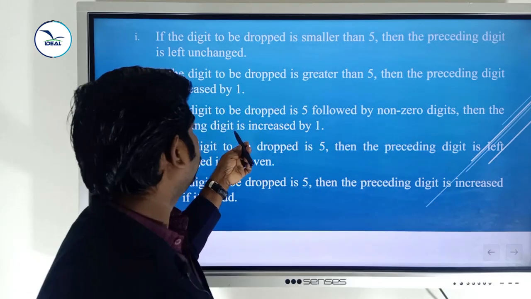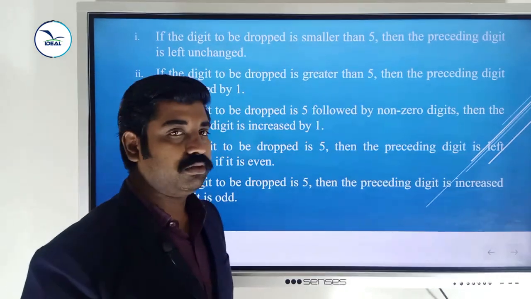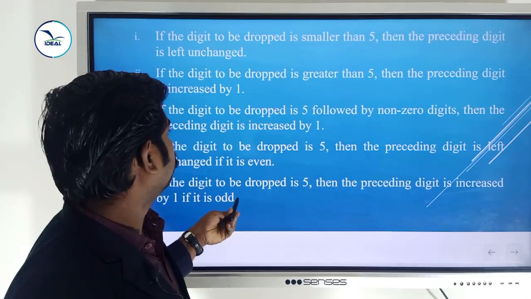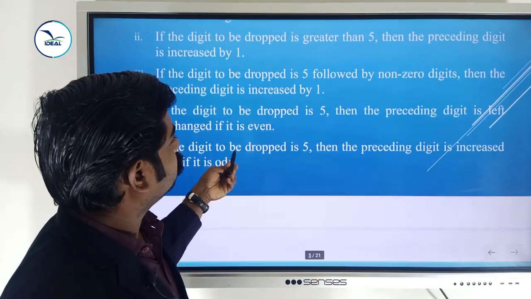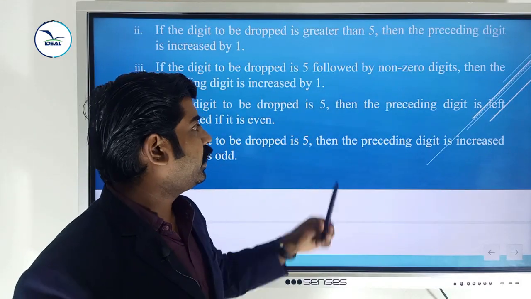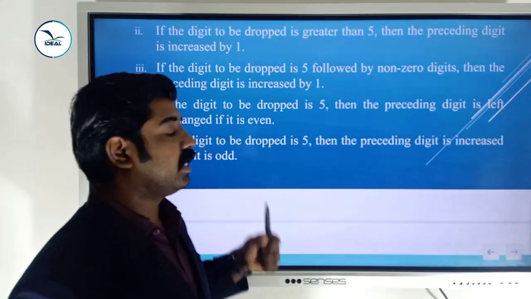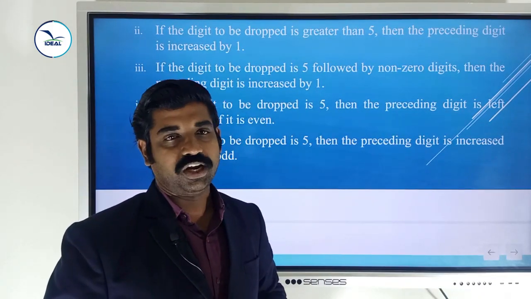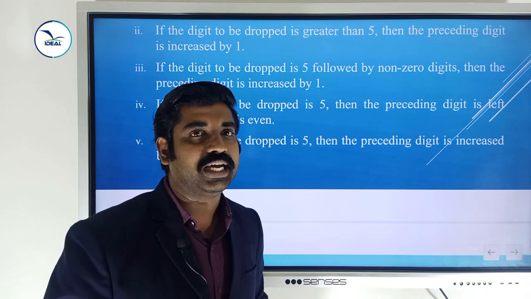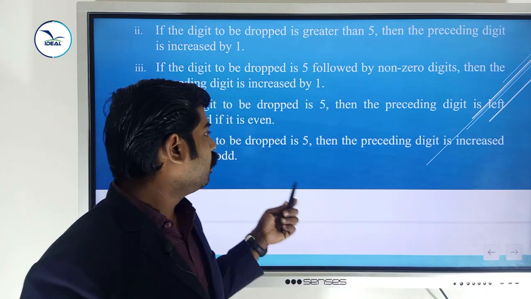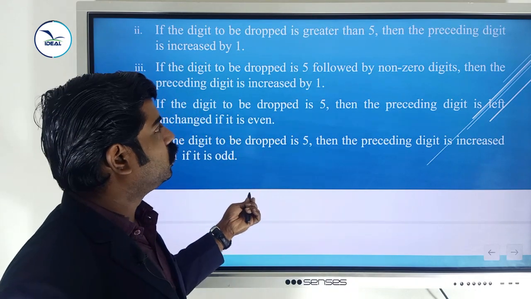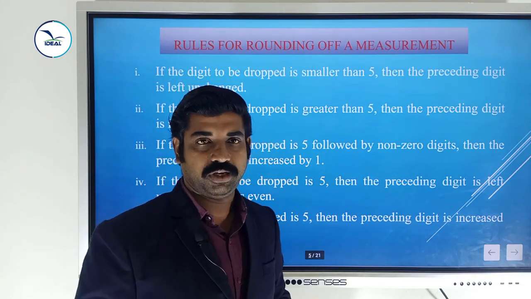So we want to increase that digit by 1. Then the next one. If the digit to be dropped is 5, then the preceding digit is left unchanged if that number is even. If the number is even, then there is no need to change or increase that number. If it is odd, we want to add 1 to that number. Okay, those are the rules for rounding of a measurement.